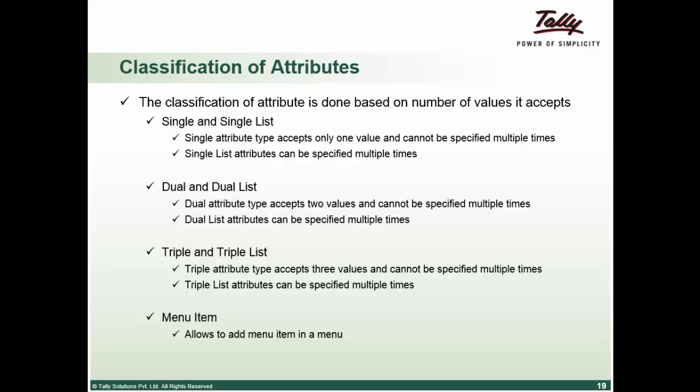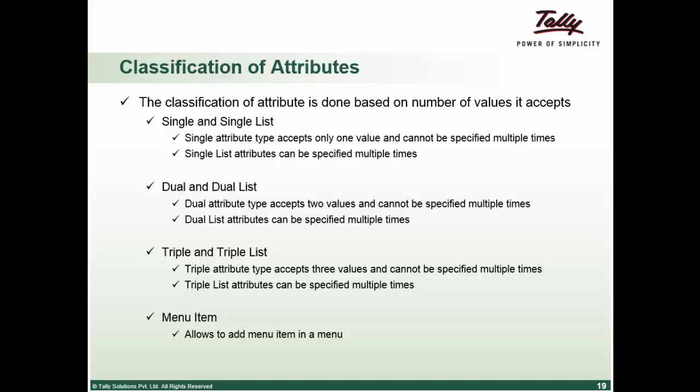A single type attribute accepts only one value and can't be specified multiple times. Attributes such as width and style are of single type. A single list type attribute accepts one value and can be specified multiple times. These attributes also accept a comma separated list. For example, the field attribute at line definition.